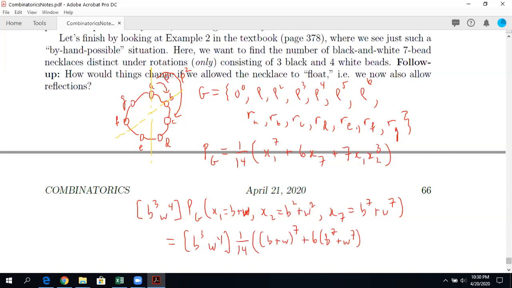That won't contribute at all. Plus, b plus w times, oops, there's a 7 right here, 7 times b plus w, and then b squared plus w squared cubed.